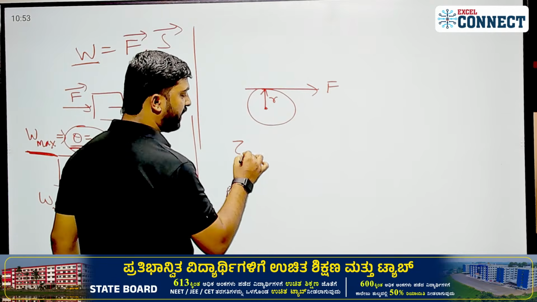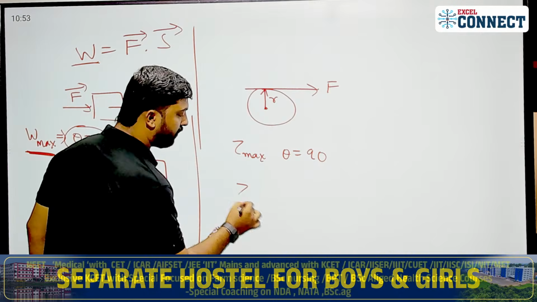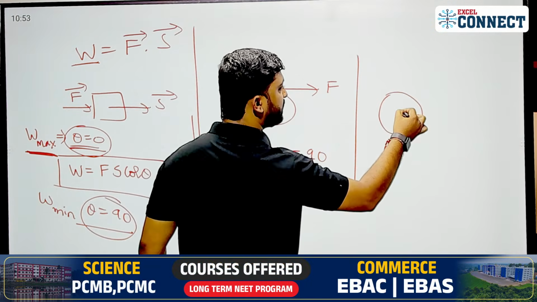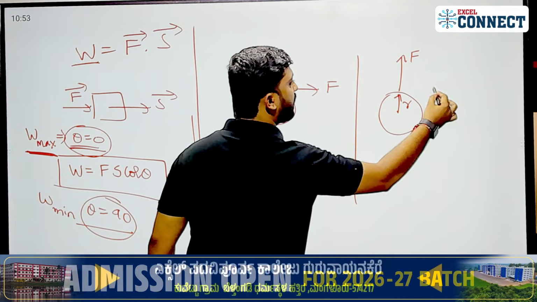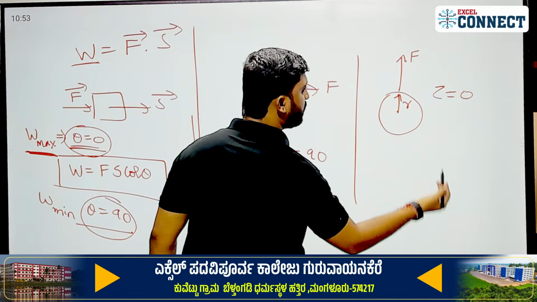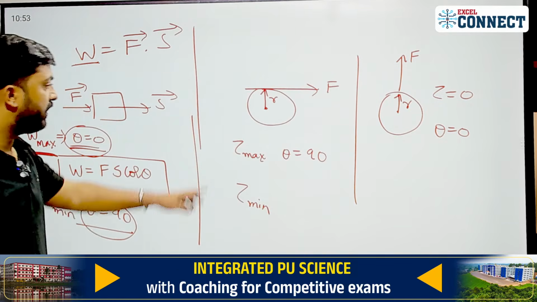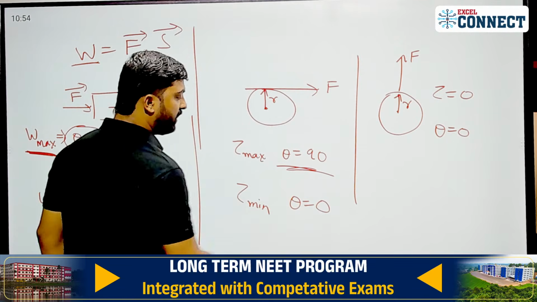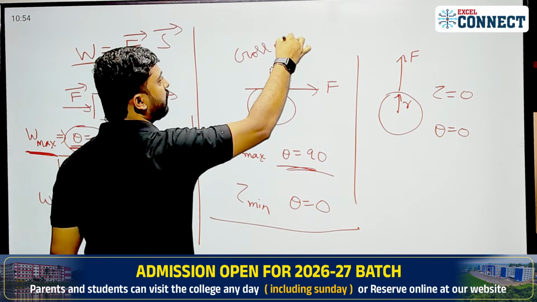Here torque is maximum when theta is 90. If you apply force in the same direction as the radius, your torque will be 0. So what is the angle here? Theta is 0. Torque is maximum when theta is 90 and minimum when theta is 0. This comes under the cross product category.